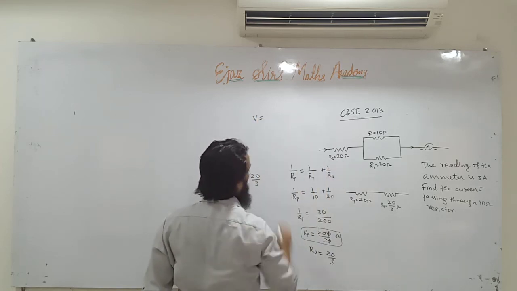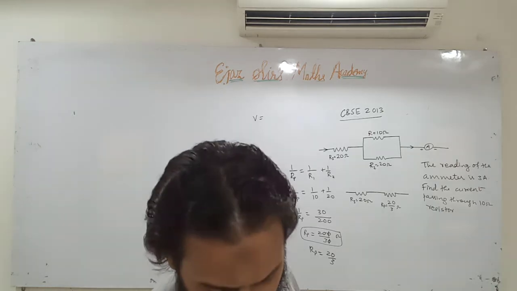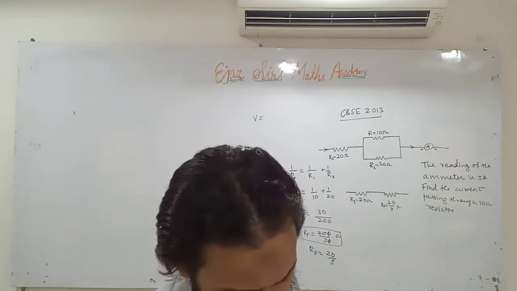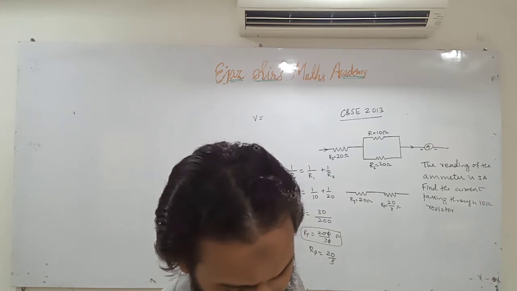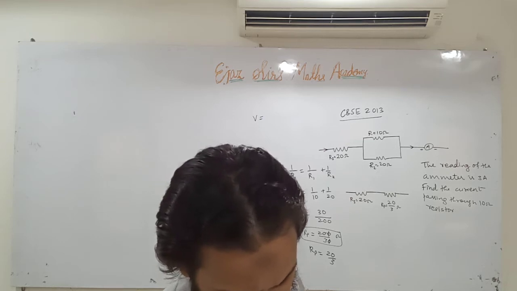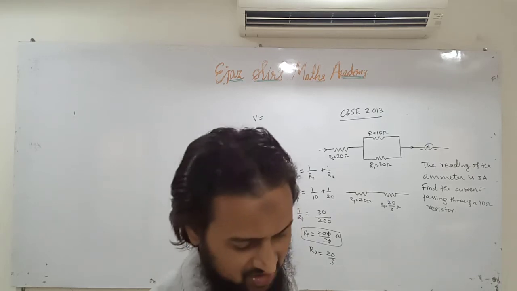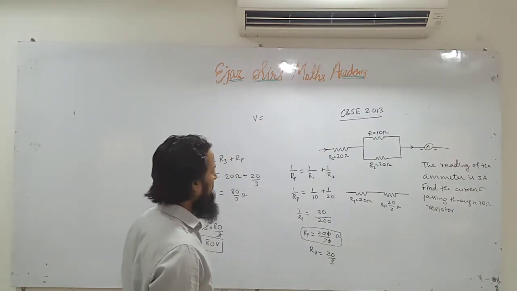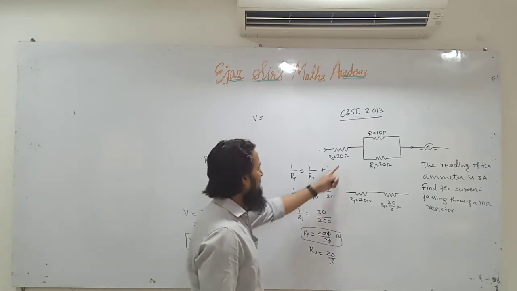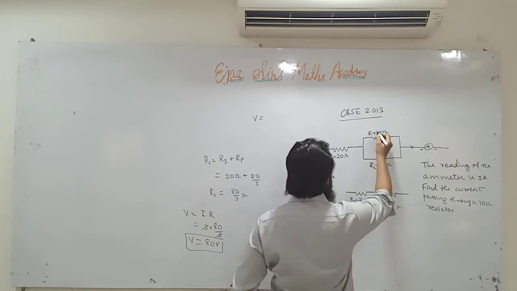So V will be equal to, the question is incomplete actually, they have not given the complete question. It is incomplete and they have not given this value. We have found the value and it should be 20 ohms.